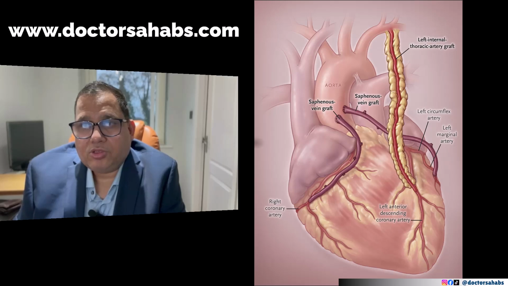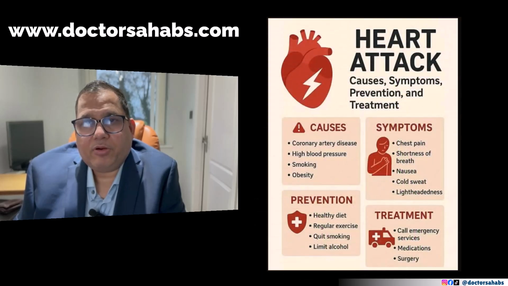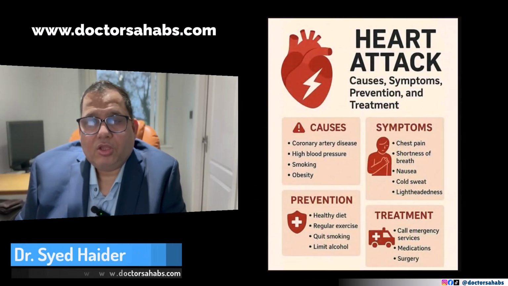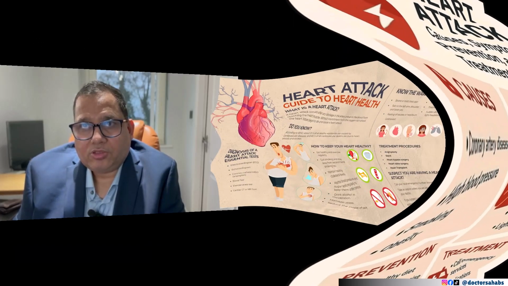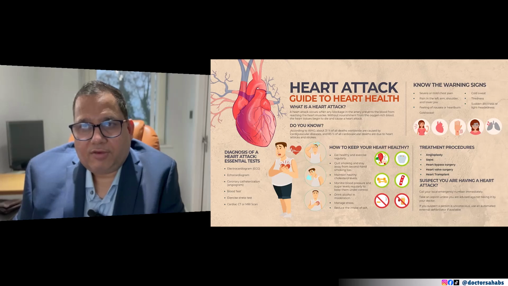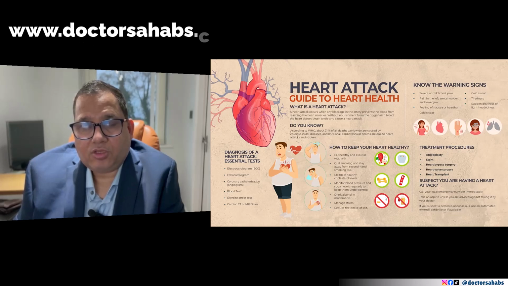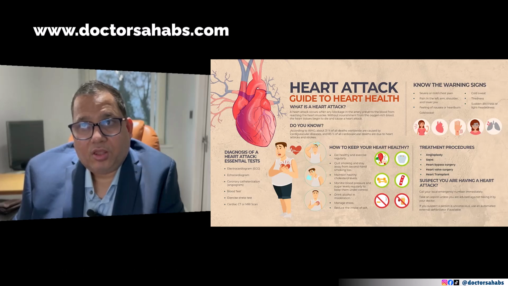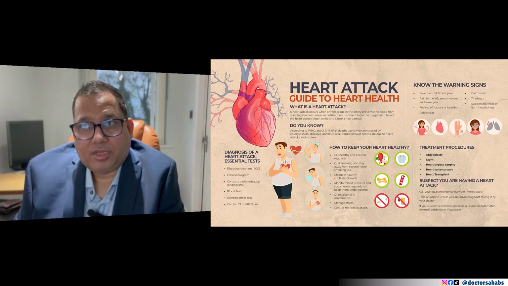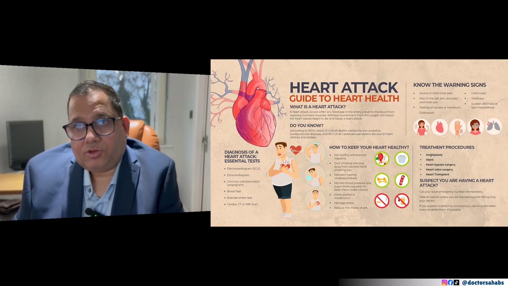So treatment basically depends upon your symptoms and condition, and your type of heart attack or type of MI. Of course, they give you medicine which breaks down the blood clots. Those medicines are called thrombolytic agents or fibrinolytic substances.